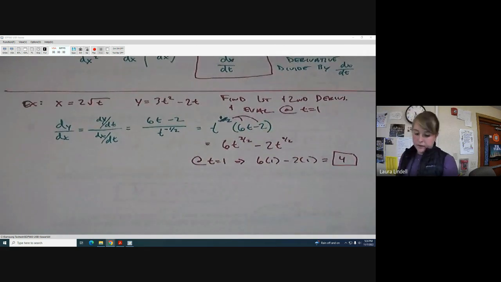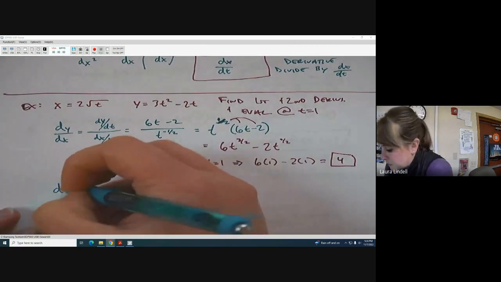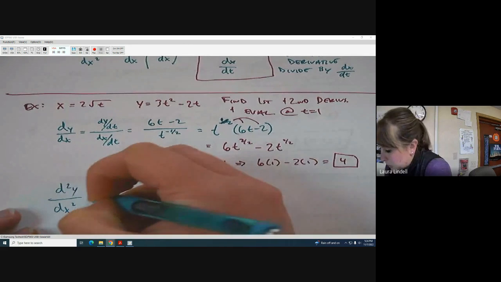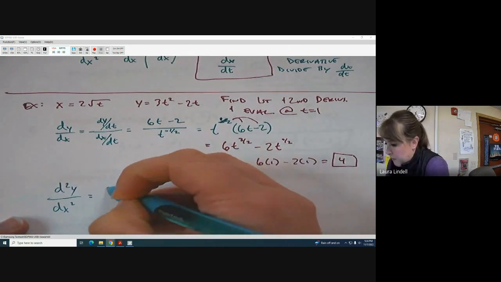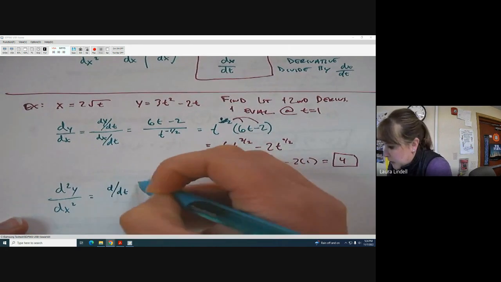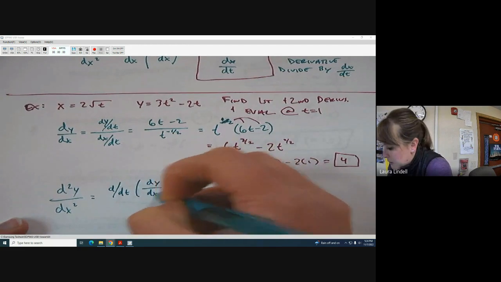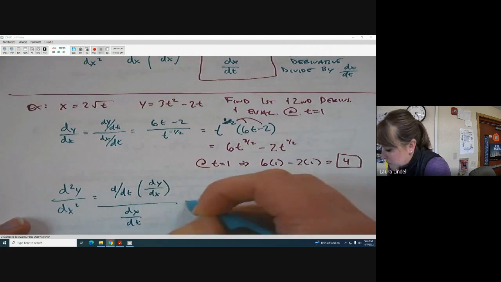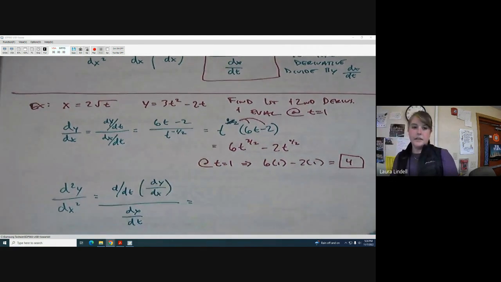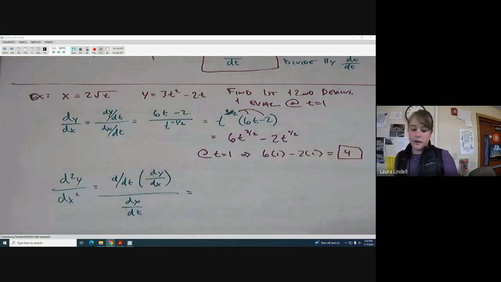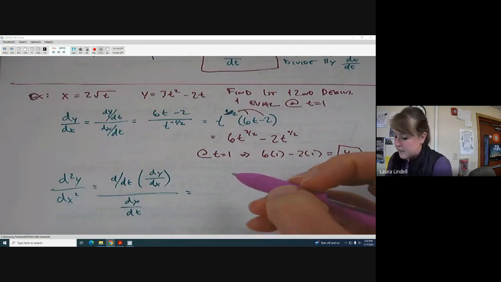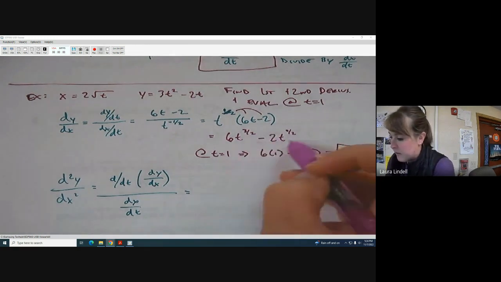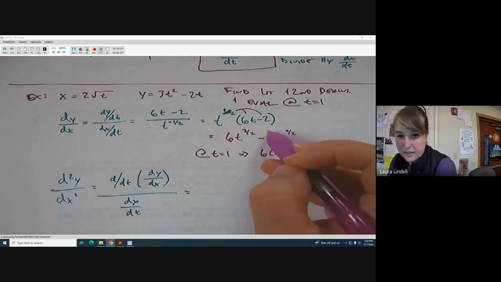Now we need to also find the second derivative. So here we go. We've got d/dt of dy/dx over dx/dt. We already know what dx/dt is. We found that already up here. That was t to the negative 1/2. But now we need to take the derivative of this. And this is why I simplified this out up here.